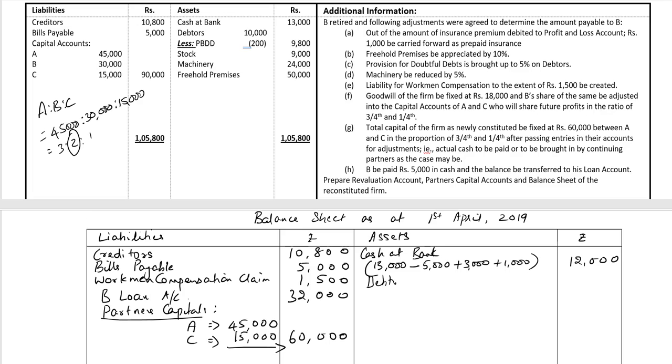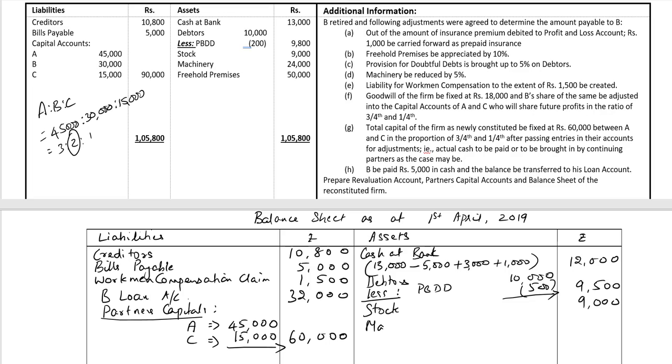Debtors, original amount 10,000 less provision for bad and doubtful debts. We created a 5% provision, so it was 500 rupees. Outer column 9,500 rupees. Stock, there is no change in the value of stock, 9,000 rupees.